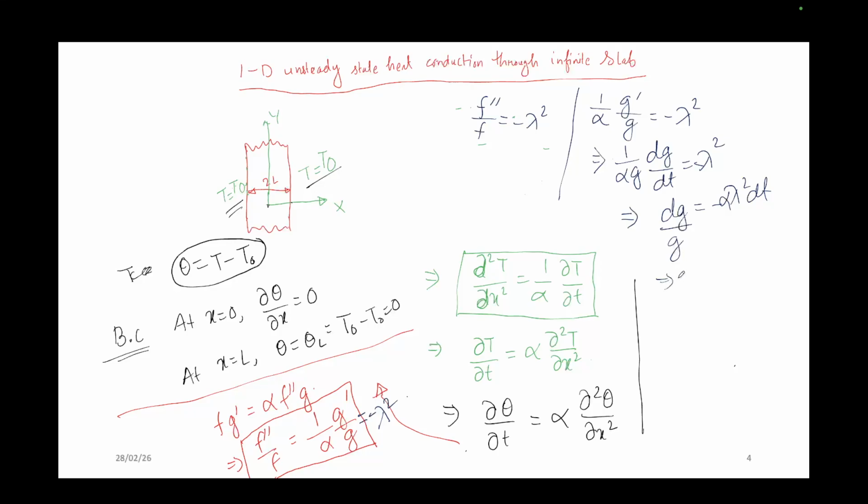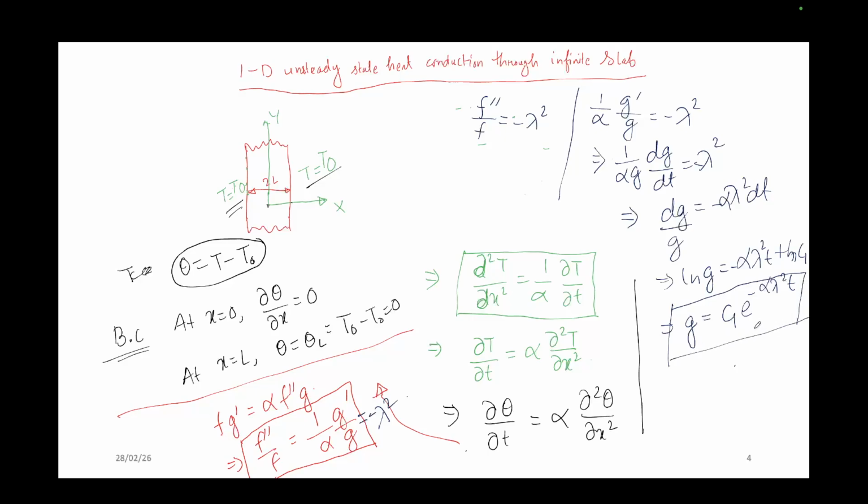So integrating I will get ln g equals minus lambda square alpha t plus ln c1. So clearly I will get g equals c1 e to the power minus lambda square alpha t, right? This is the value of g.